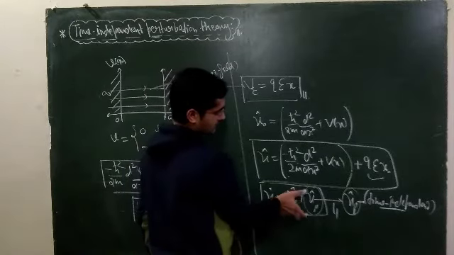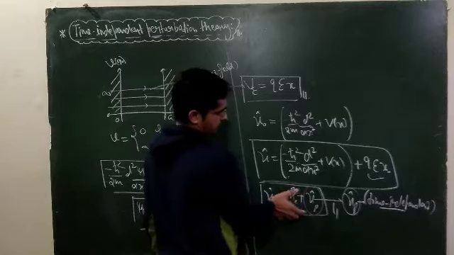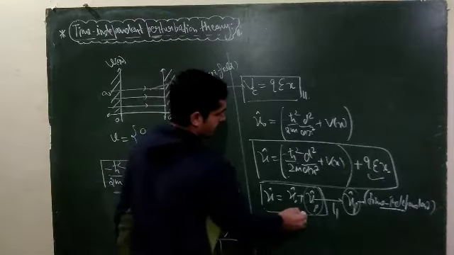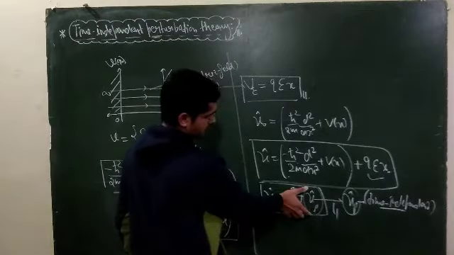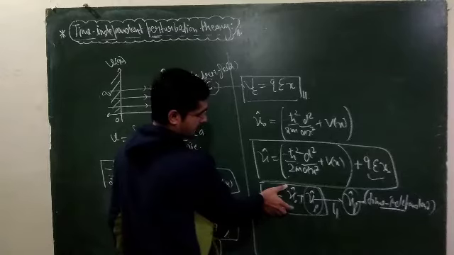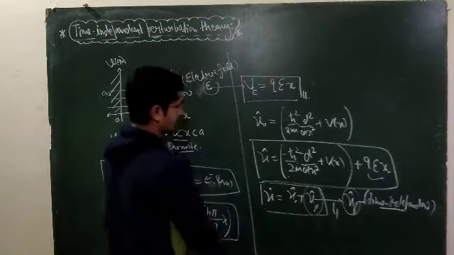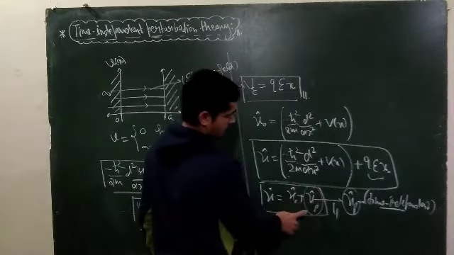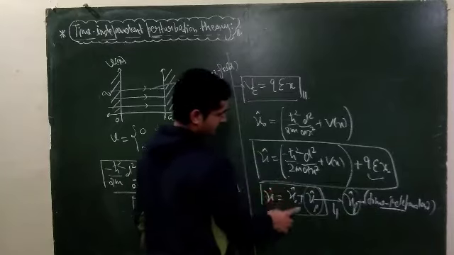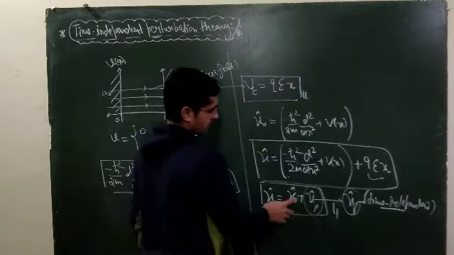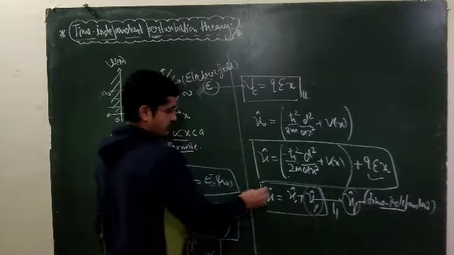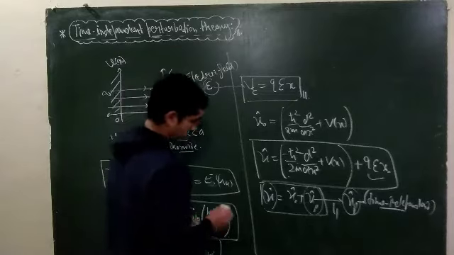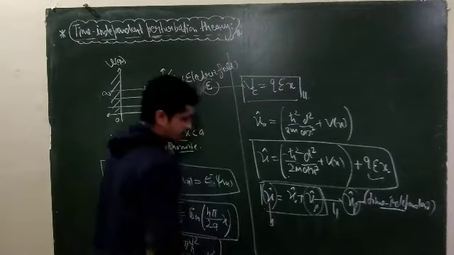It must just add or subtract some amount of energy; it must not disturb the system very abruptly. If the effect of this term is very small in comparison to this term, then we can consider time-independent perturbation theory. The perturbed Hamiltonian must be time independent, and the unperturbed Hamiltonian must also be time independent, so the total Hamiltonian of the system will be time independent. These are the conditions, or assumptions, of time-independent perturbation theory.